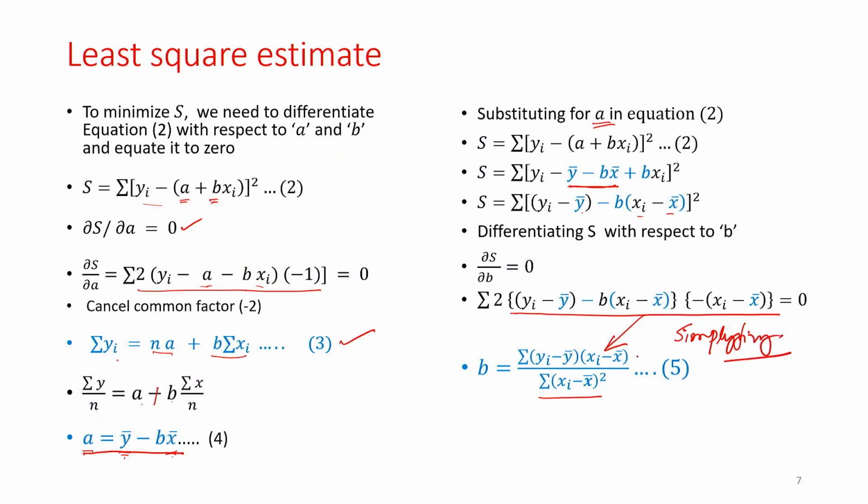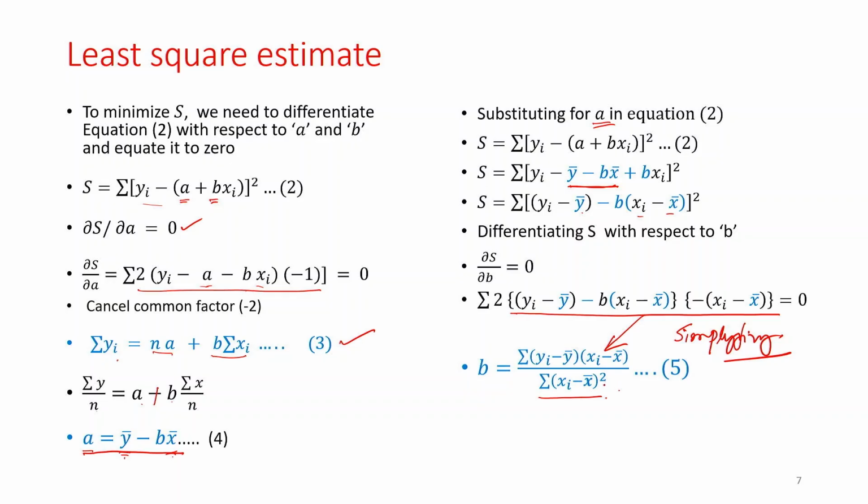After simplifying, you'll get this. The 2 you have to take out, whatever is left you carry on, simplify, and you will get equation 5, where I get only the value of b. So the value of b you are getting in terms of x bar, y bar and the xi, yi data points.